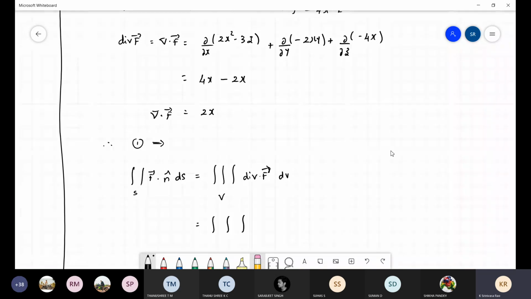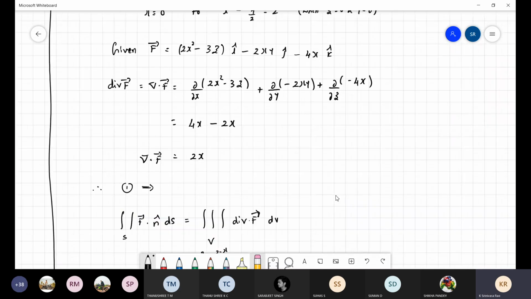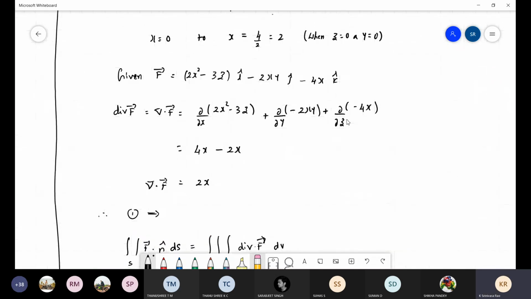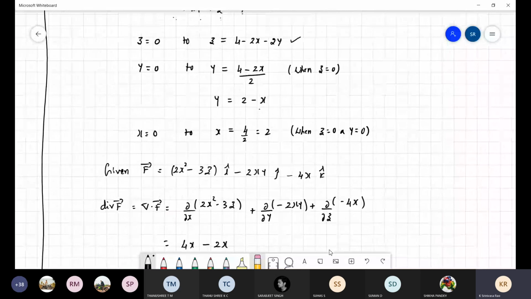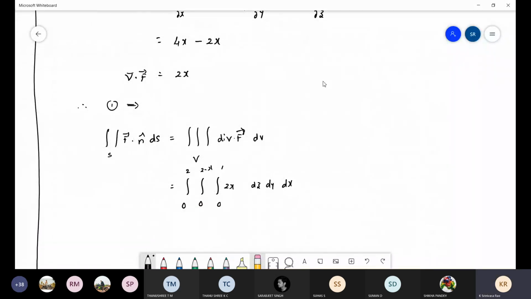Div f is simply 2x, with dz dy dx. x varies from 0 to 2, y varies from 0 to 2 minus x, and z varies from 0 to 4 minus 2x minus 2y. Now integrate; the 2 can be taken outside.